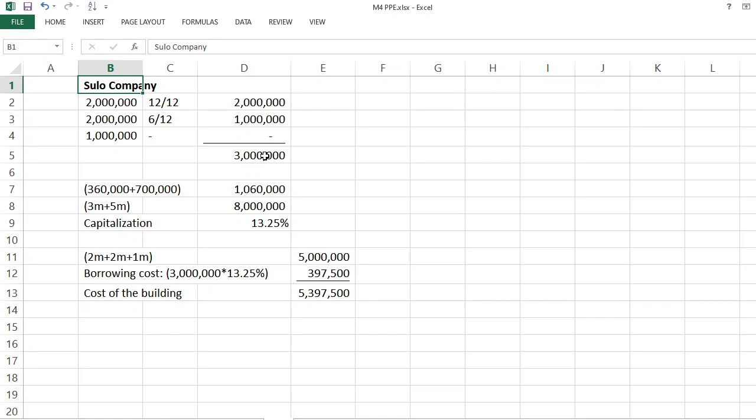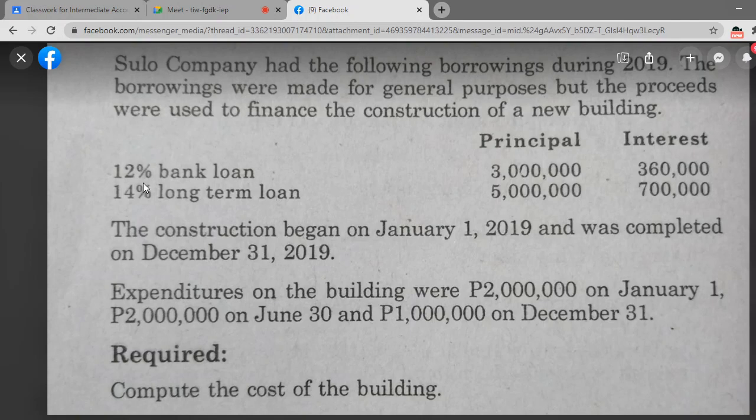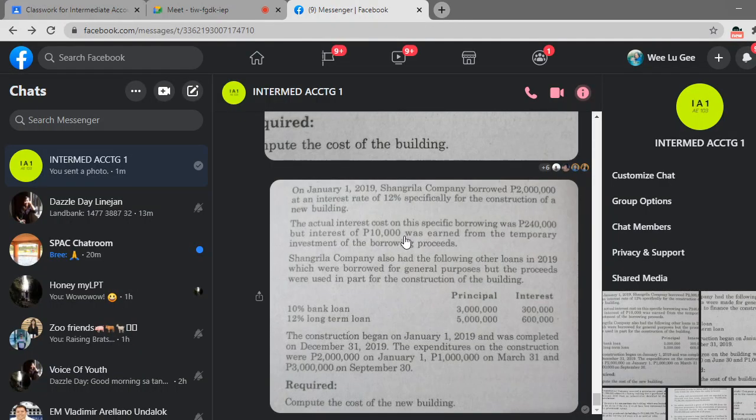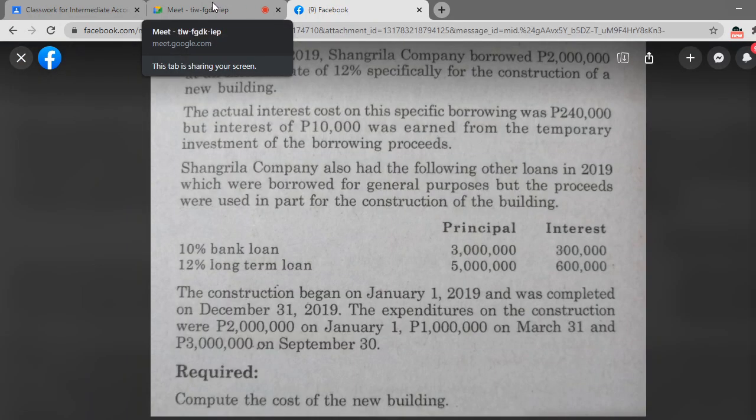Unless naipangutana. This time, we will have Shangri-La. Shangri-La Company. So anyway, the one who got the correct answer was, I think it was Noreen. Thank you, Noreen. Yes, Noreen.